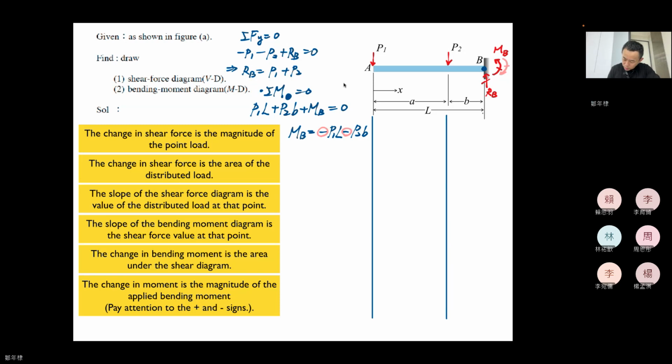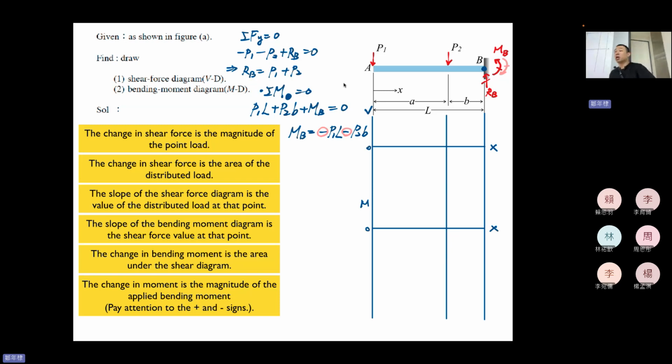So let's continue. After we solve the reaction force, this is X, this is V, this is M, and this is 0, 0, okay? Firstly, easy, minus P1, downward, right? Because the shear value change will be the point load value, minus P1.